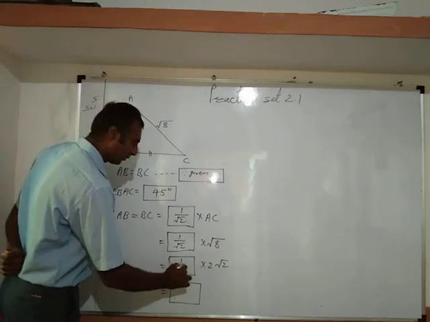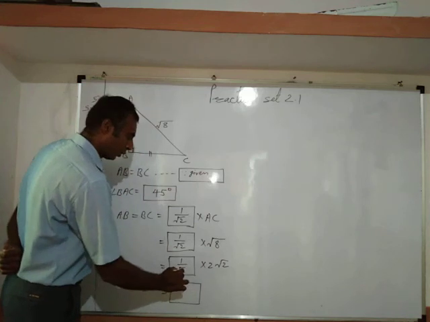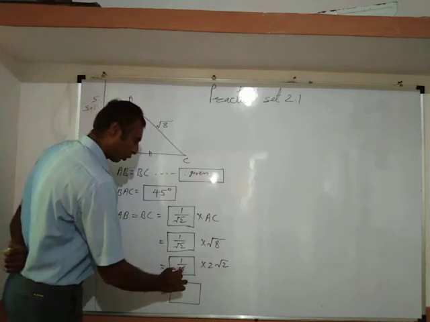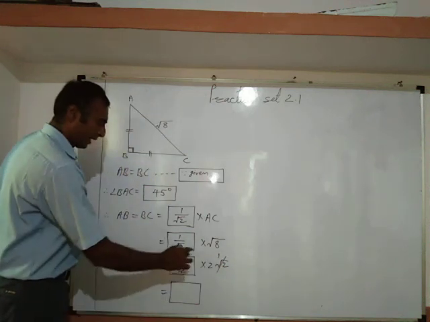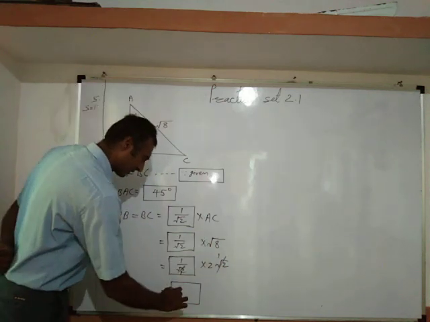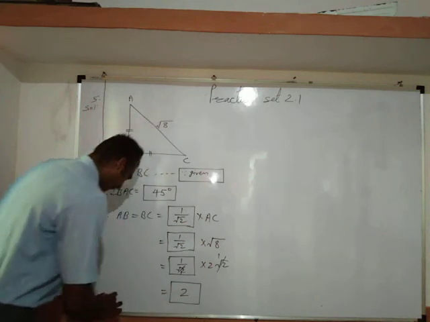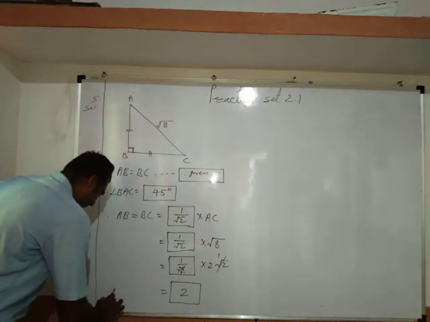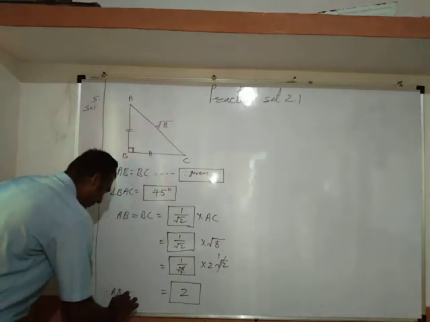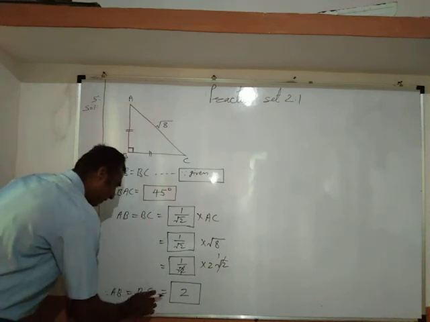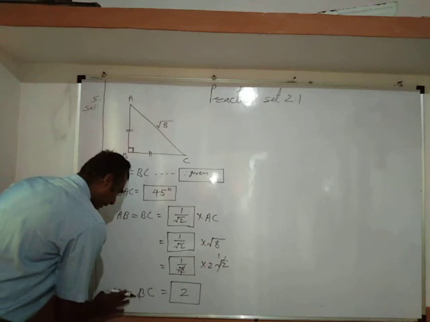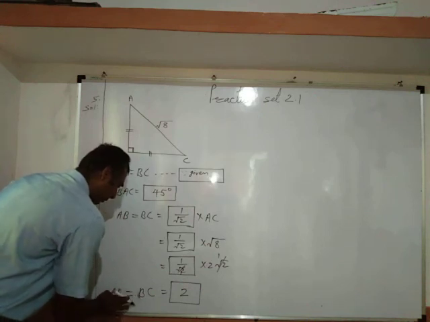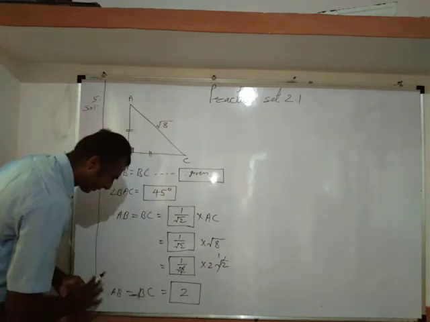Next step will be 1 upon root 2 into 2 root 2. Root 2 ones are root 2, root 2 ones are root 2. 1 into 2 into 1 gives us 2. And therefore, AB equals BC equals 2.